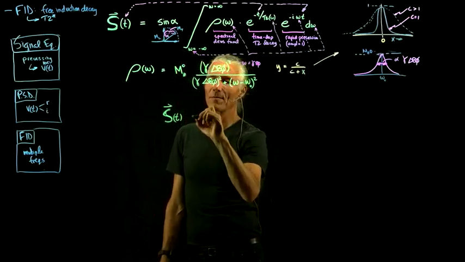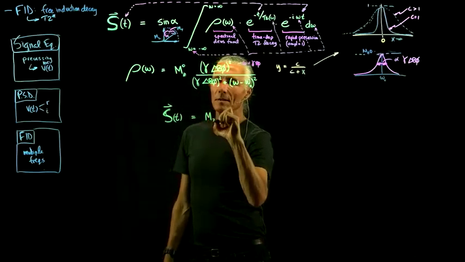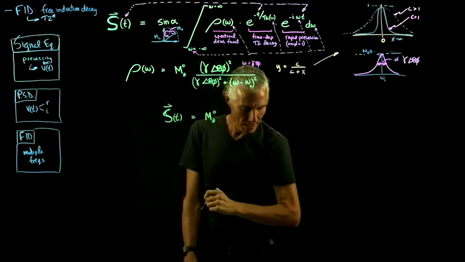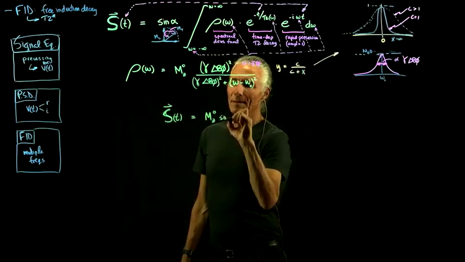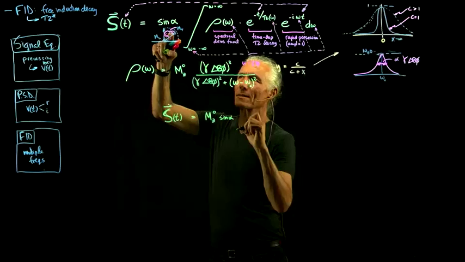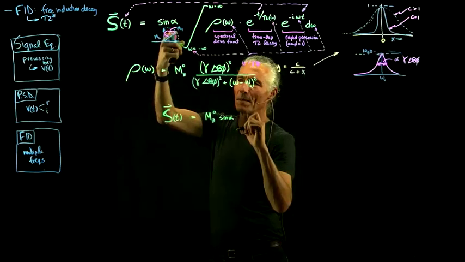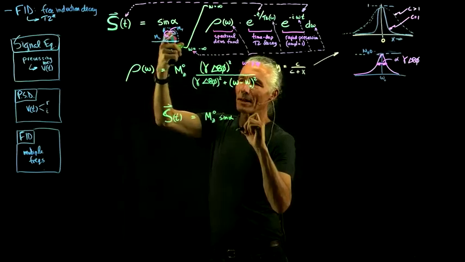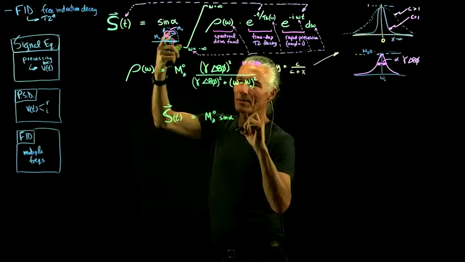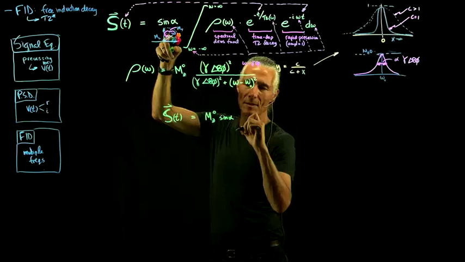What we had before was however much starting magnetization we had, multiplied by the sine of the flip angle, because it depends on how much transverse magnetization we're getting, because we can only record the transverse, we can't detect that Z component.